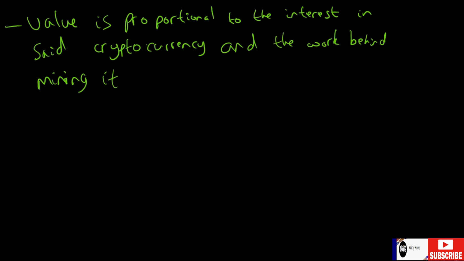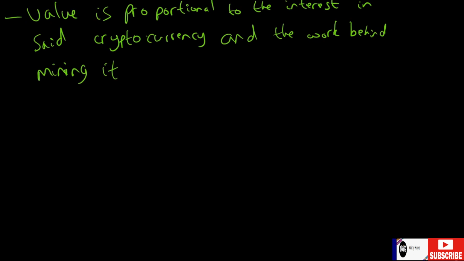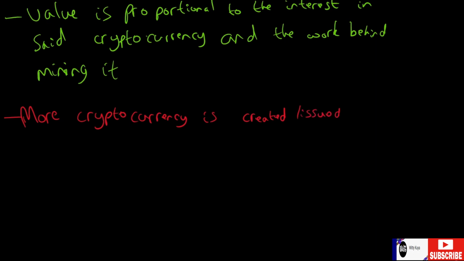So that's what it is, and more cryptocurrency is created or issued, again not by a single authority, but through the process called mining.